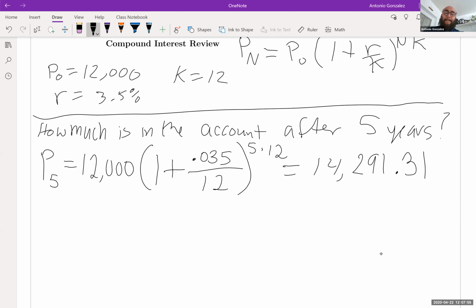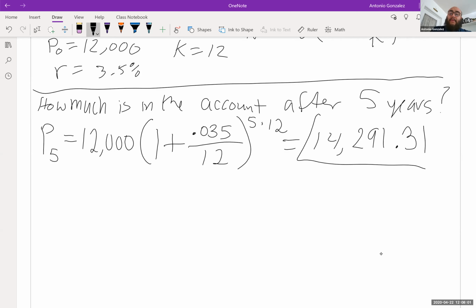All right, so that's how we would run through a problem that involved compound interest.